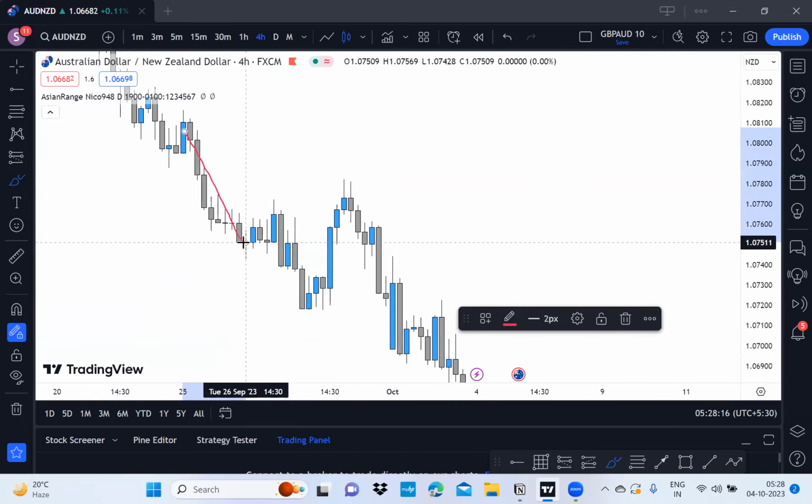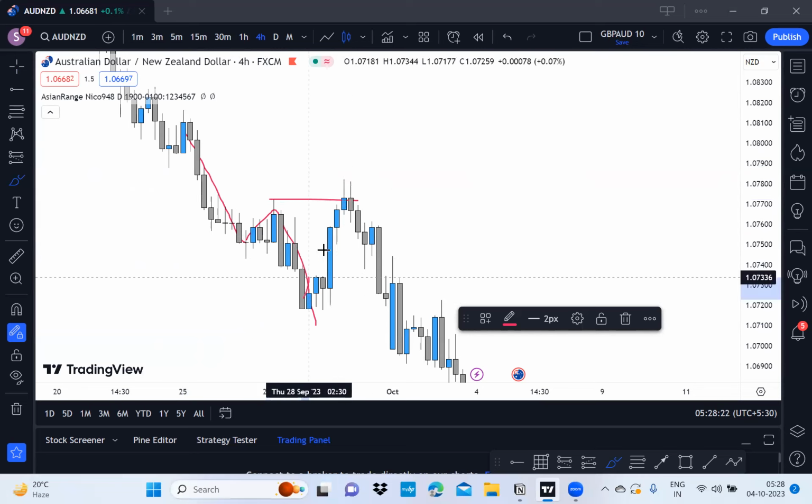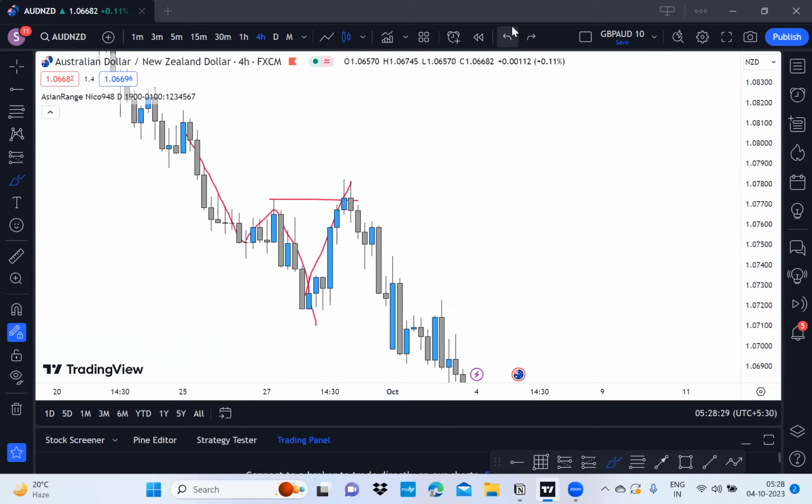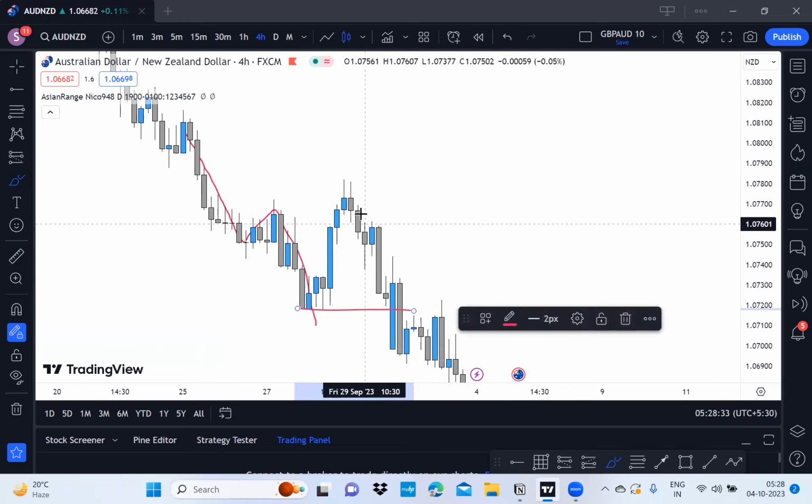The market was forming lower low, lower high, lower low. And suddenly the market broke this previous high here. But the market didn't go up after breaking the BOS. What it did is it broke this previous low again. So the market broke this previous low.